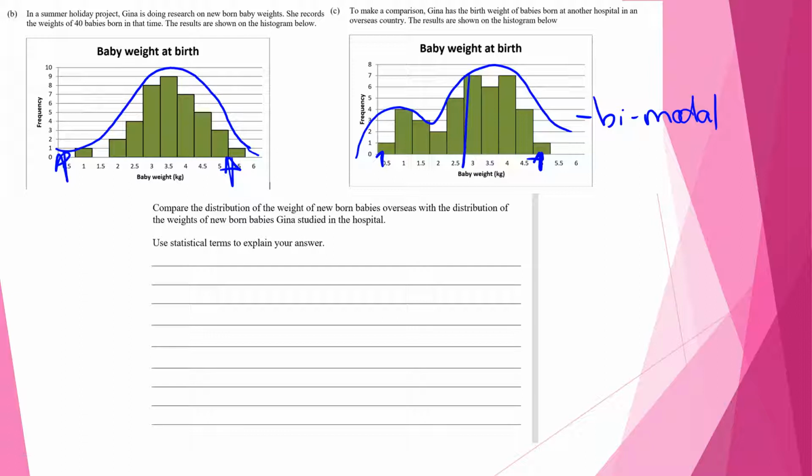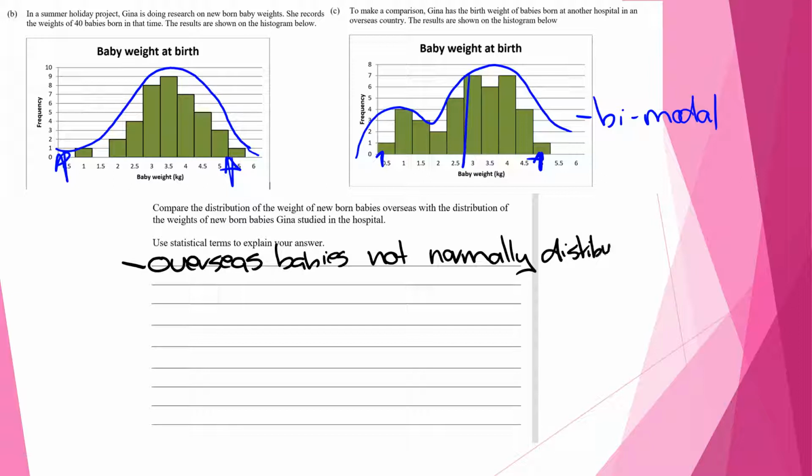So we could say that the overseas babies are not normally distributed, and we want to make statements as to why. Why? Because it is bimodal with two clumpy bits, two clusters.